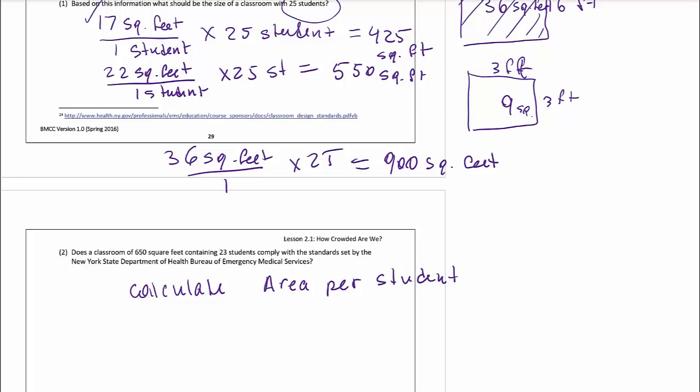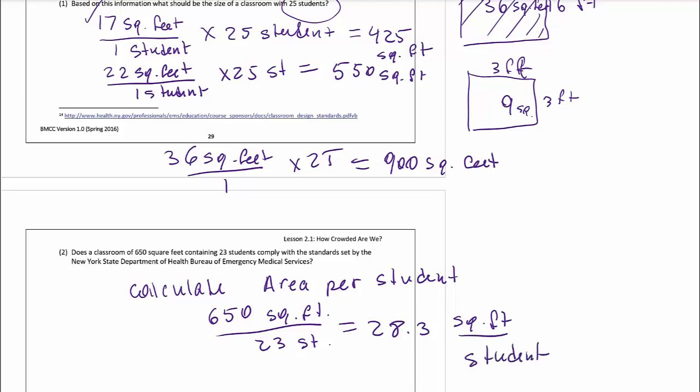Alright, let's see. 650 divided by 23 gives us 28.3 square feet per student.